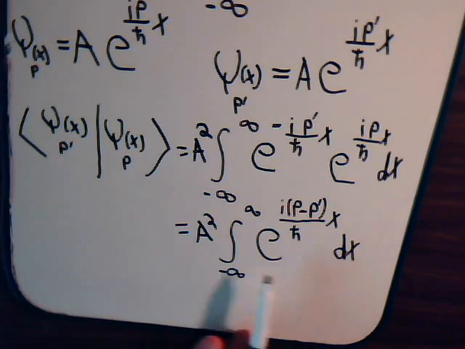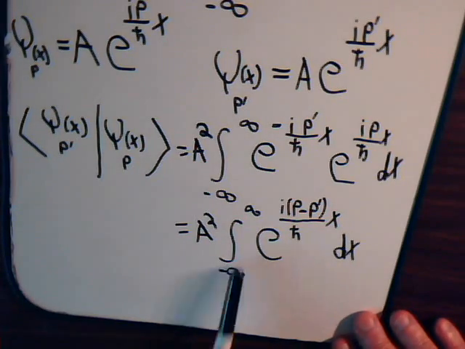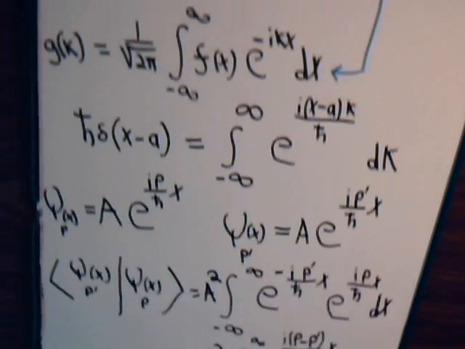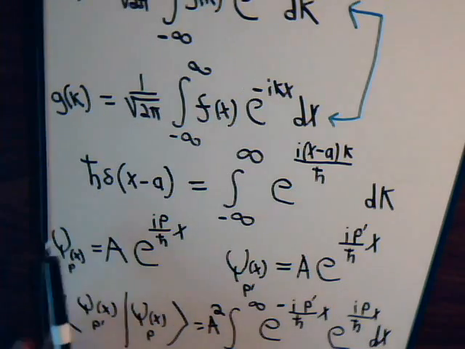There is no way to evaluate this integral in terms of, for lack of a better word, regular functions. But let's compare this integral right here to this integral right here. In fact, let's erase all of this space.